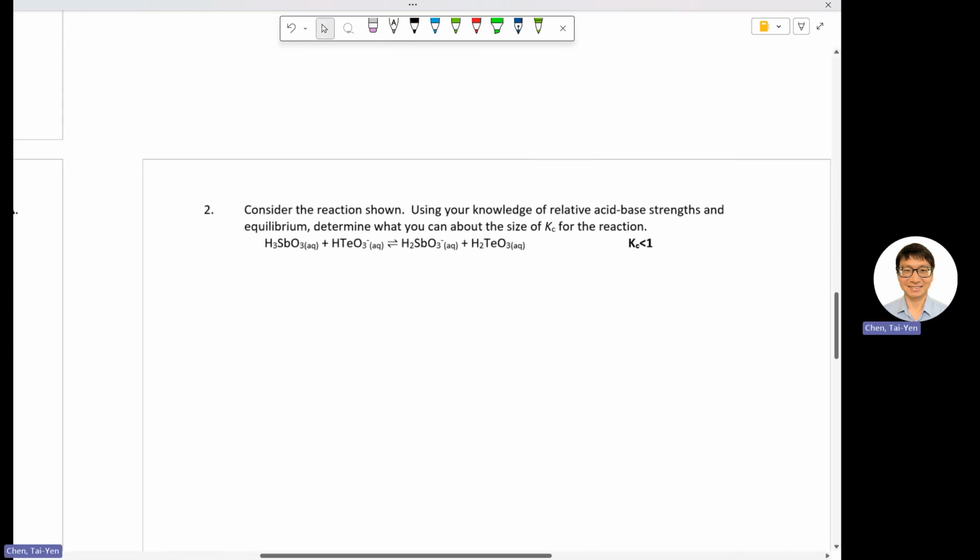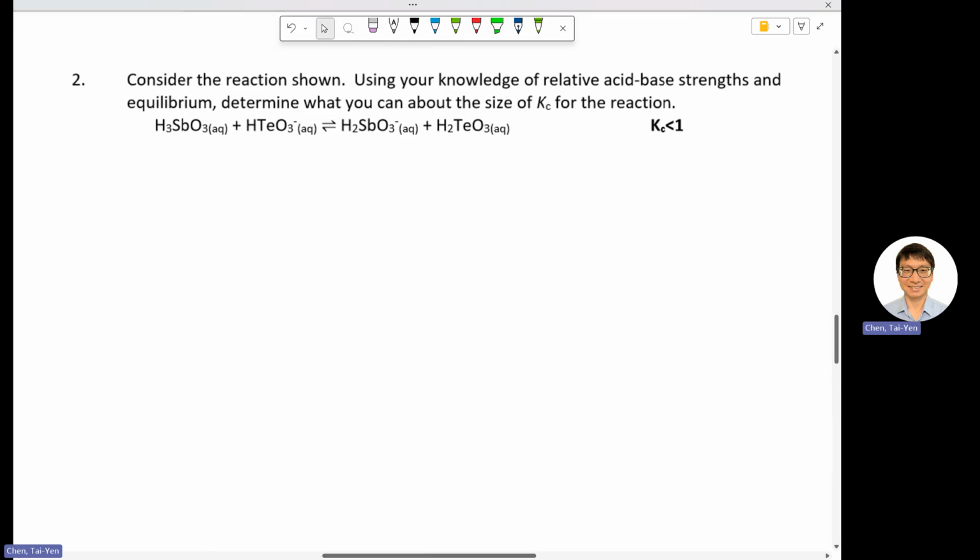Let's look at the second question. It looks a little bit trickier. Now this starts to tie back to your chapter 12, equilibrium constant. It says: consider the reaction below. Using your knowledge of relative acid-base strengths and equilibrium, determine what you can say about the size of Kc. This is a question that students send me.